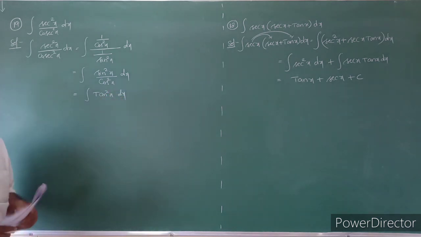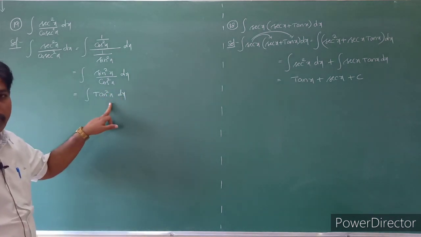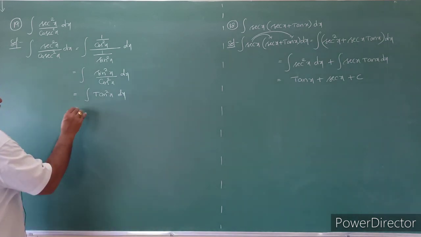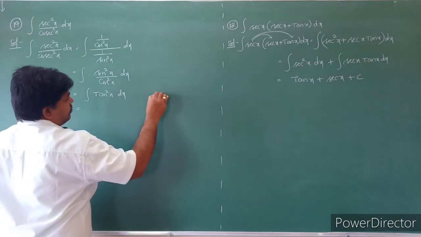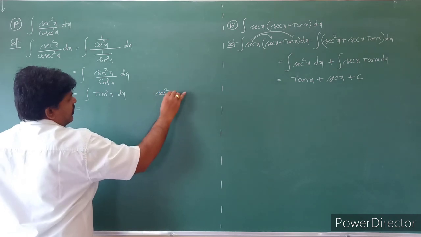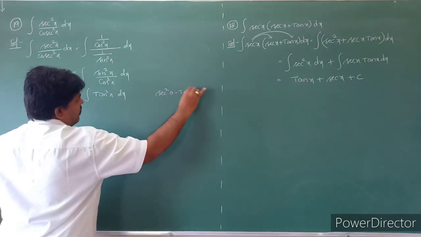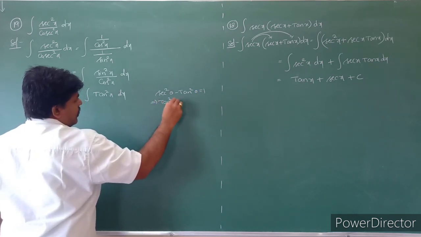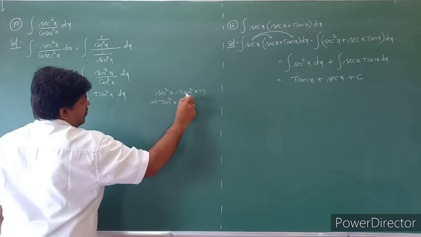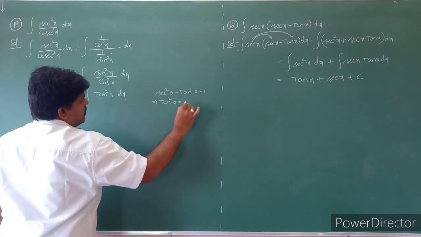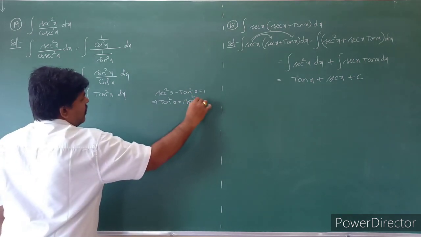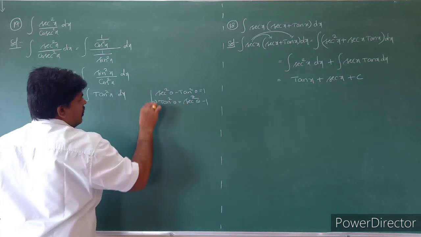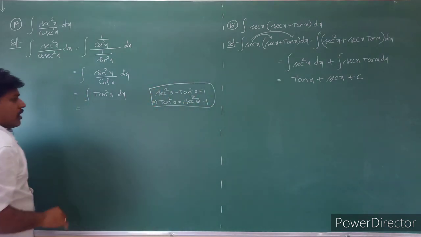So in the integration, you don't have the direct formula for tan square x. So already you know that secant square theta minus tan square theta is equal to 1. That implies tan square theta can be written as secant square theta minus 1. Just apply the formula here.